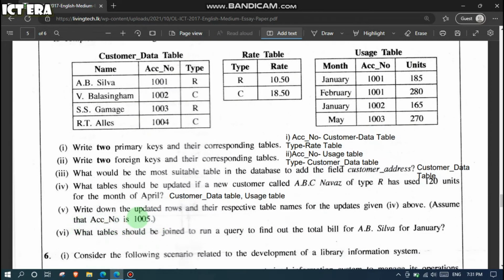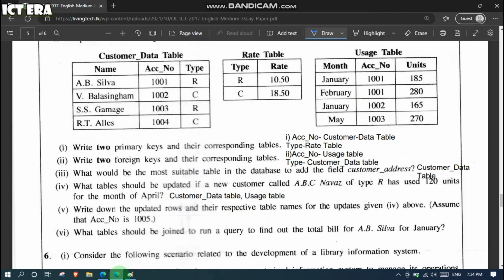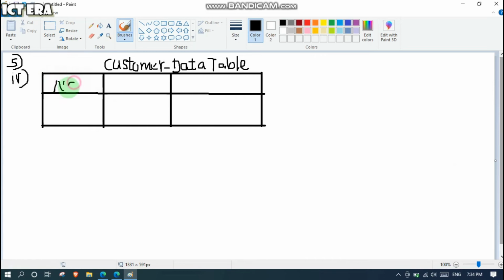The next one, write down the updated rows and their respective table names for the updates given. Roman number 4, assume that the ACC number is 1005. Okay, for this I have to introduce two tables. So I will write here customer data table. Here customer data table, with columns name, ACC number, and then the type.